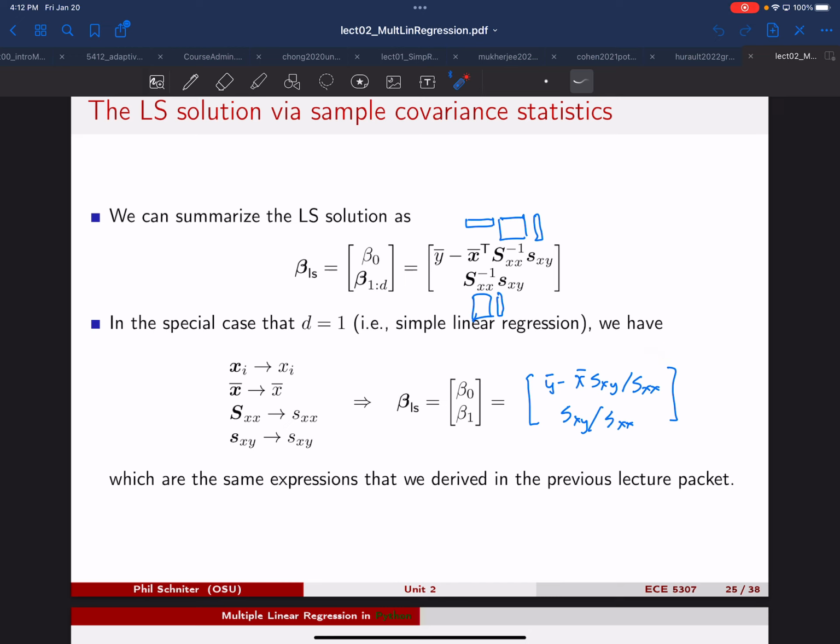So capital SXX is our covariance matrix for the features, and this vector SXY is the cross covariance between features and targets, and then we have the sample means. So here we have an interpretable solution for the RSS minimizing weights, beta, and that can help us understand better what's going on in terms of our data statistics.